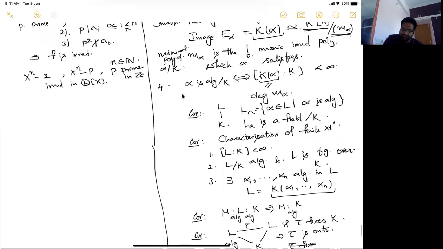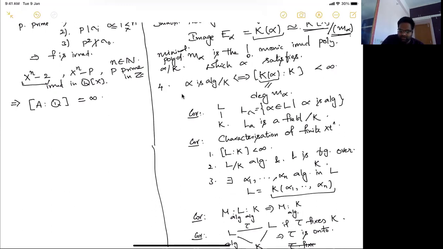Okay. And from this, we can easily see here that the degree of the extension, the algebraic closure of Q, is infinite. Because for each polynomial, you are able to construct an extension which has a degree at least n.